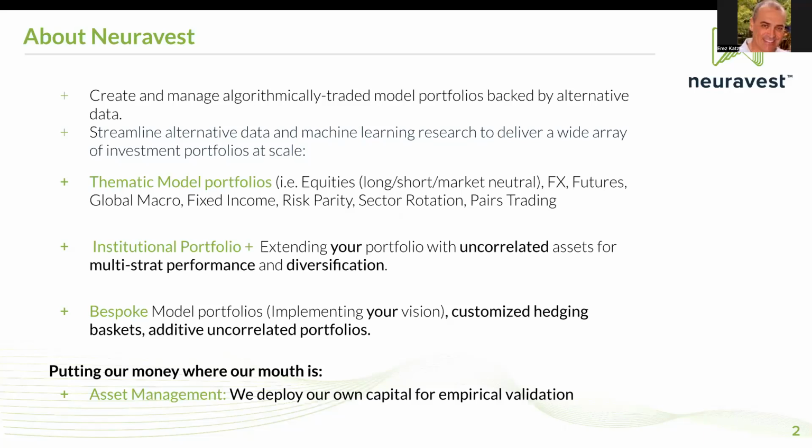We have three types of offerings: thematic portfolios. These are preconceived, intuition-driven ideas to invest, and then we automate them and validate them, and perpetually validate them with paper trading signatures on our platform and ultimately deploy capital.